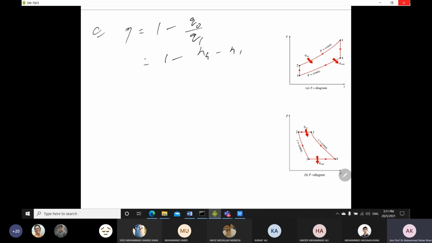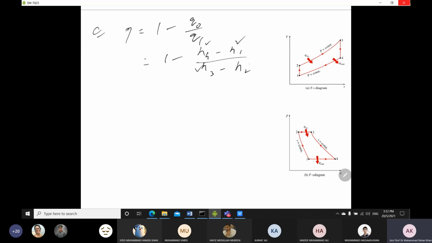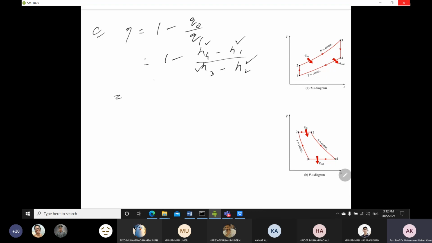So H4 minus H1 over H3 minus H2. So now we have all the values of enthalpy. H4 is known to us from part A. H1 is also known to us. H3 is also known to us. H2 is also known to us. We can simply put the values in this equation and we will get the efficiency for the Brayton cycle.